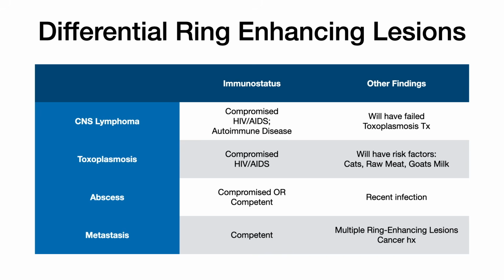And usually they will either give you the cancer history or insinuate very strongly that the patient has a history of cancer. So again, not a complete science, but as far as differentiating CNS lymphoma versus toxo versus abscess versus metastasis, this is a very broad way to conceptualize this.